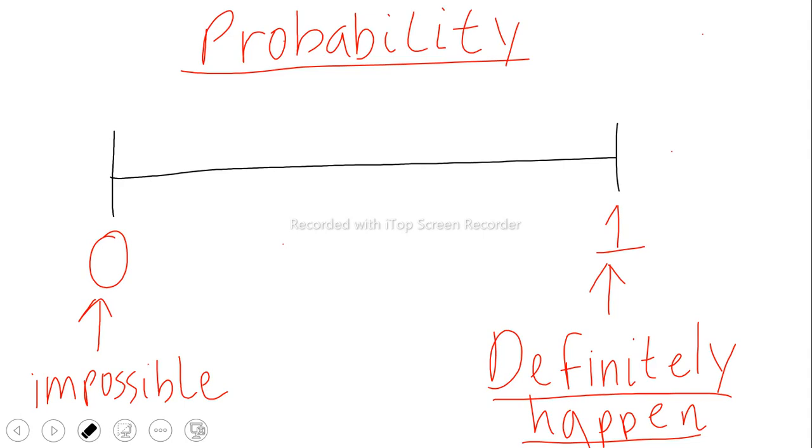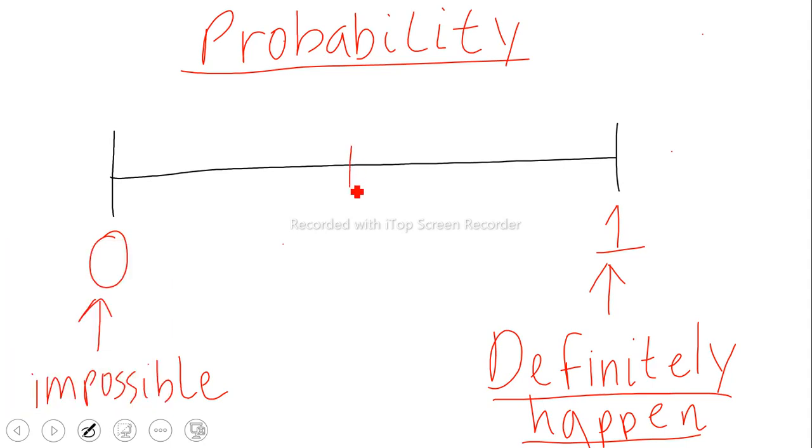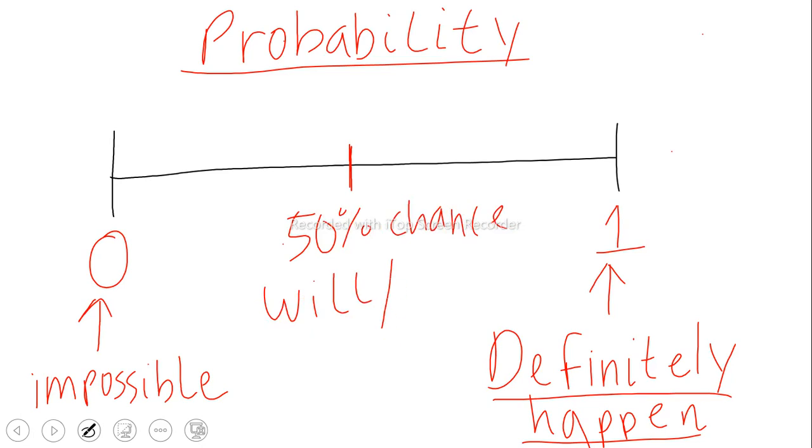Okay, so what if we get something in the middle? 50%. So 50% chance it will happen, 50% chance it will not. What if we get something right here?